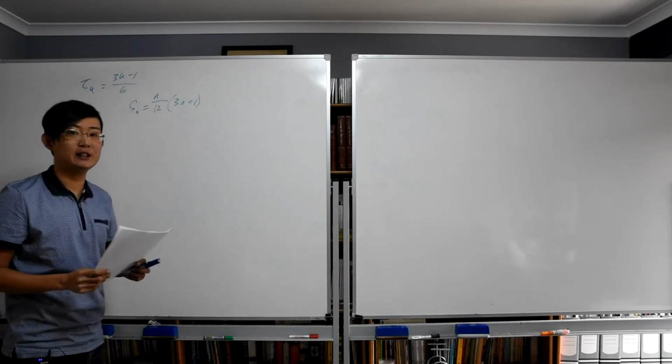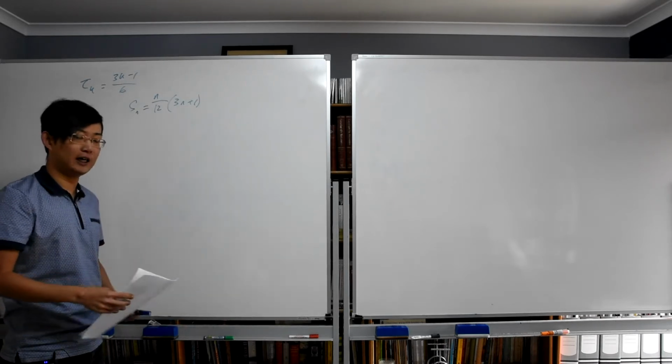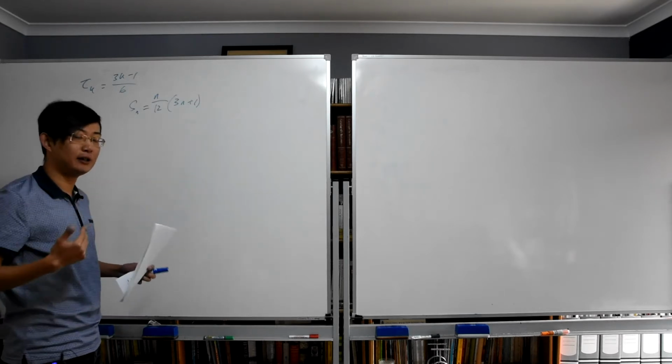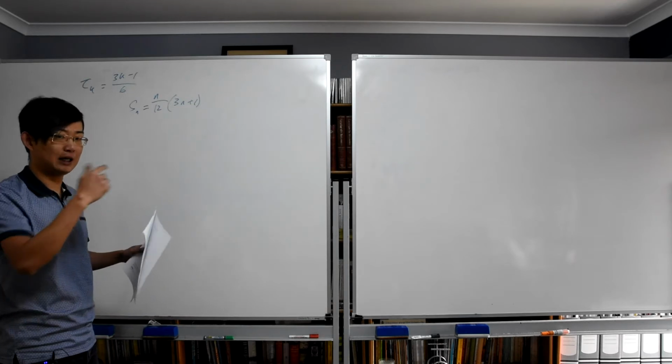Well, because this is an arithmetic series, for us to get the sum of n terms, we're going to write the series forwards and backwards and sum vertically.